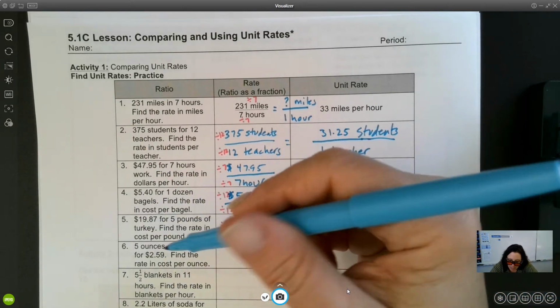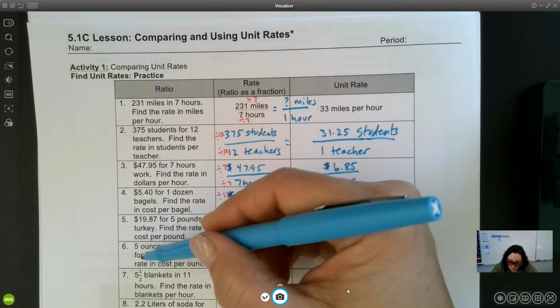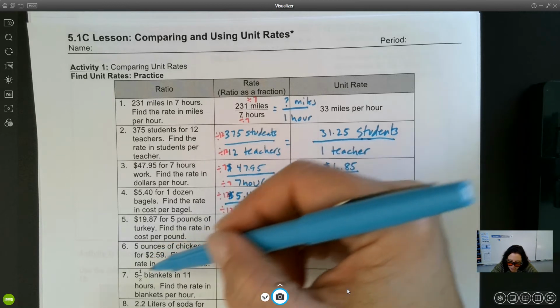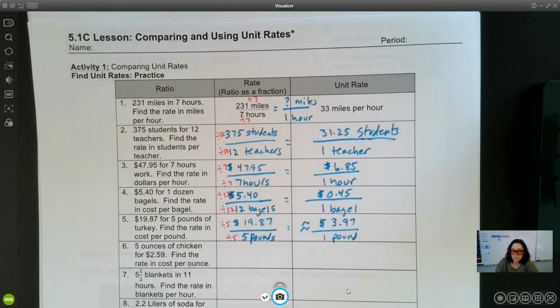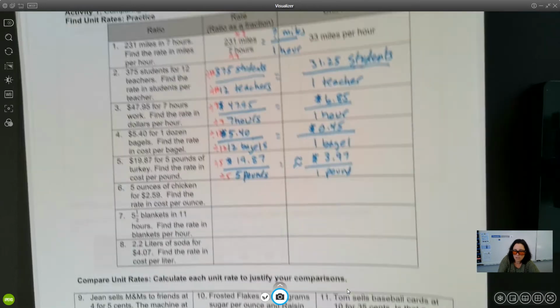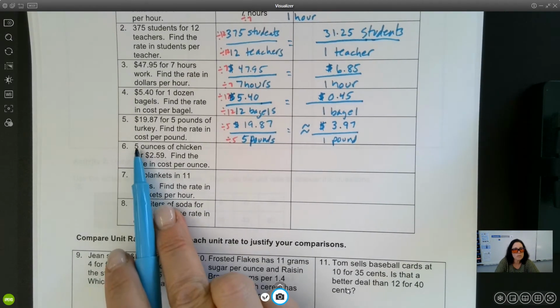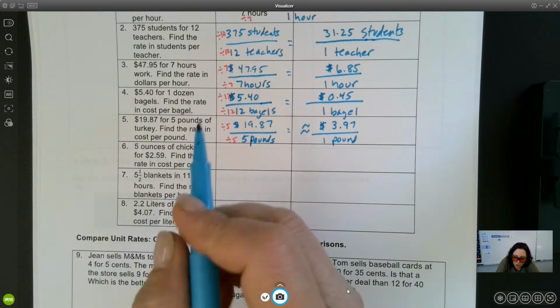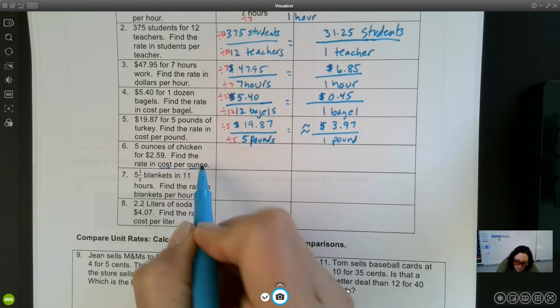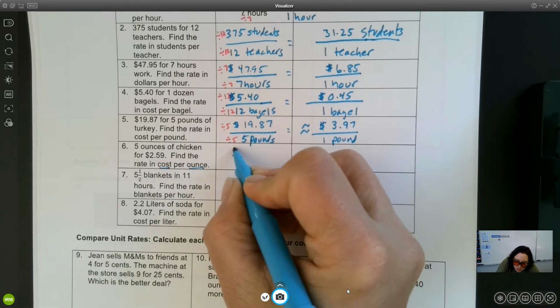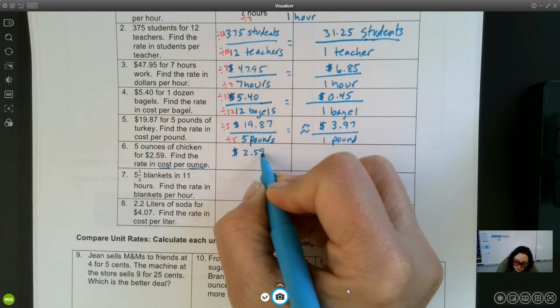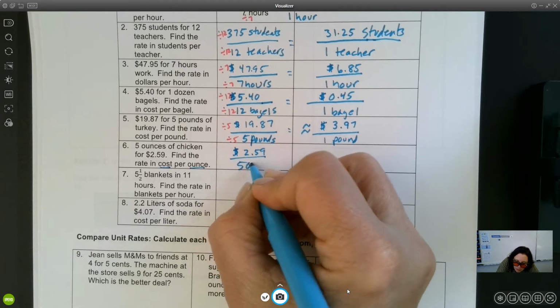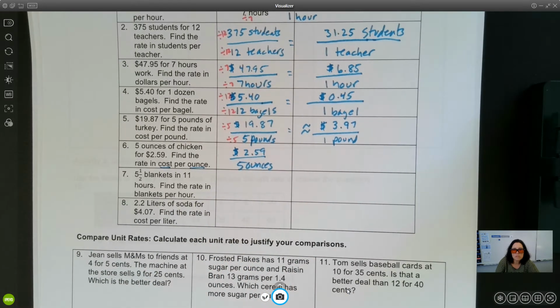All right. 5 ounces of chicken for $2.59. Find the cost per ounce. Careful on this one. Do you see that they flipped things around on you? Don't assume your first thing goes on the top. They want cost per ounce. So cost goes on top, ounces on the bottom.